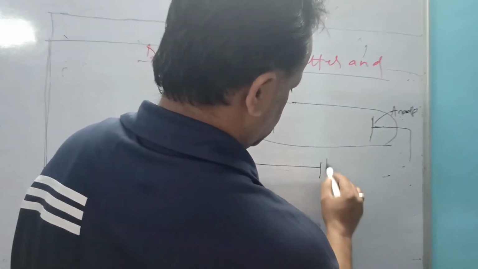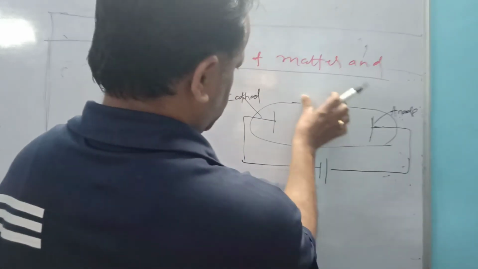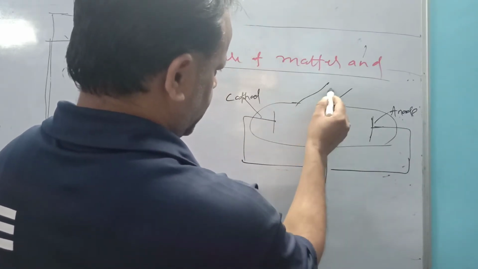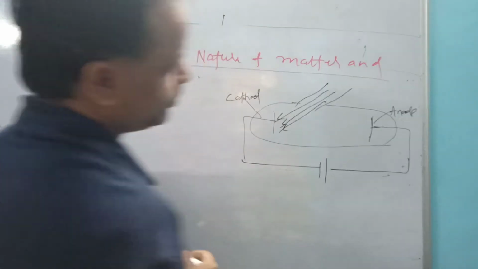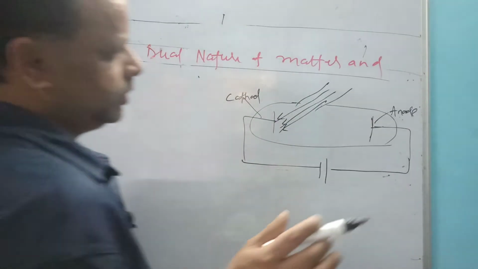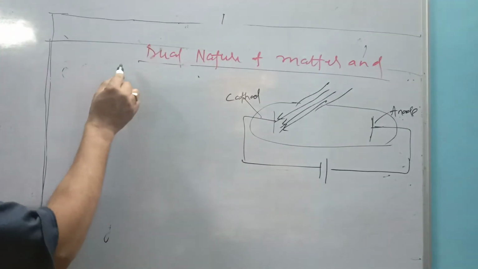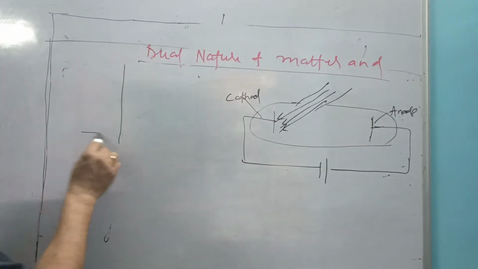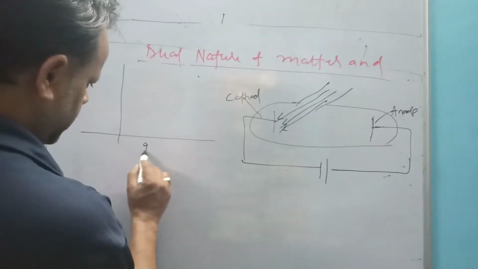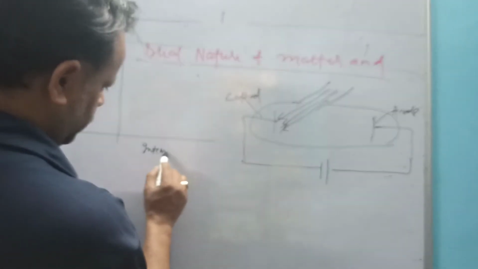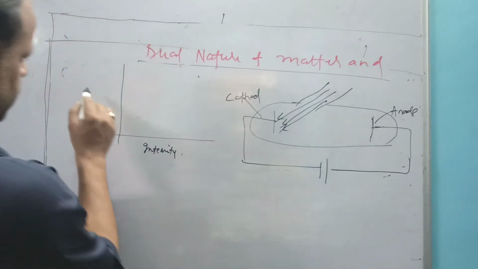What we did was that here is a space through which light can enter the metal surface. See, what was observed, is the relation between the intensity of light versus photoelectric current.